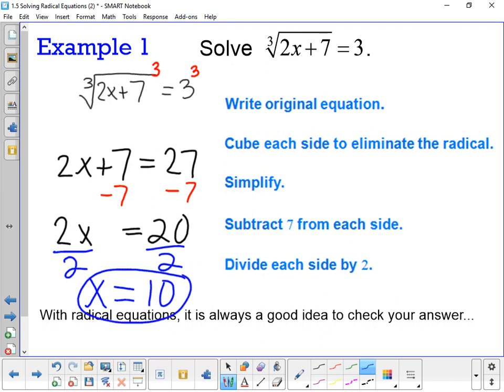As we're working with radical equations, it's a good idea to check our answers. Sometimes we'll end up with solutions that don't actually work, but they sort of masquerade as if they were solutions. Like it'll pop out of your equation x equals 10, but it might not work. So I do want to go ahead and just check this and make sure it's working.